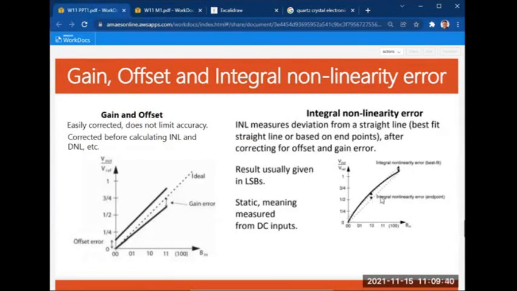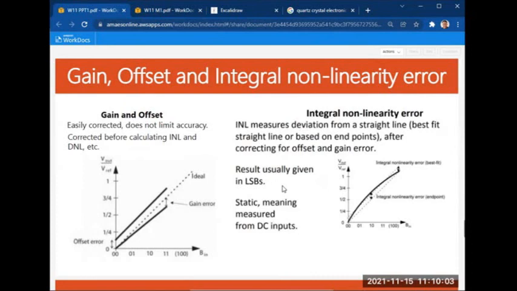Then after measuring that there is this much error in the gain or this much offset, the INL will correct the gain. It will offset the gain here and get a much better output. Okay, so that is the role of the INL.